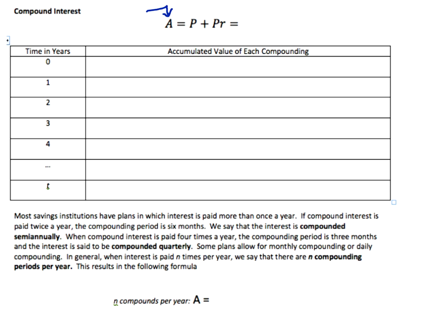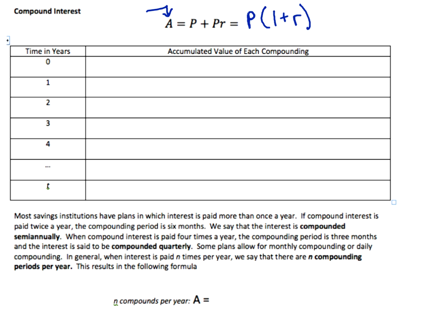If I were to factor that formula, I could pull a P out of both of these terms, and I'm left with 1 plus R. This is important to understand to see how this formula builds itself here.